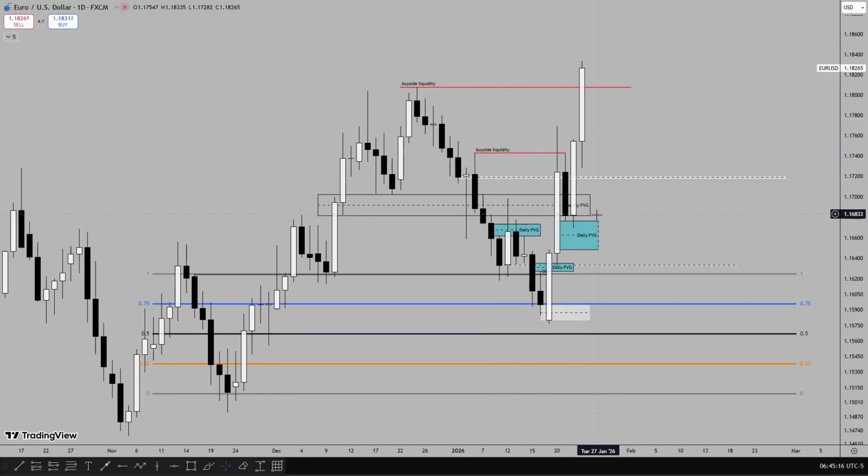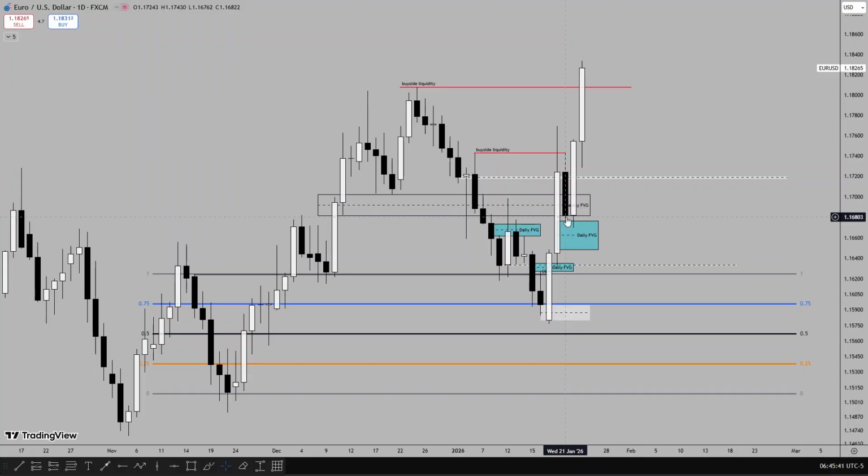On the daily time frame, after the first run on the buy side liquidity, where Monday traded above the daily fair value gap, Tuesday used the daily fair value gap as an inversion fair value gap. I talked about it. Traded higher, took out the buy side liquidity.